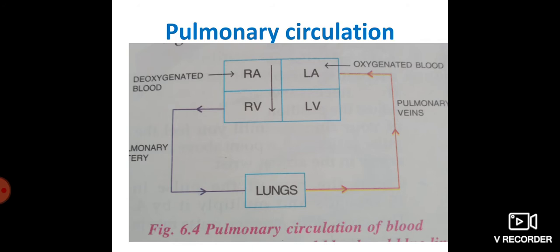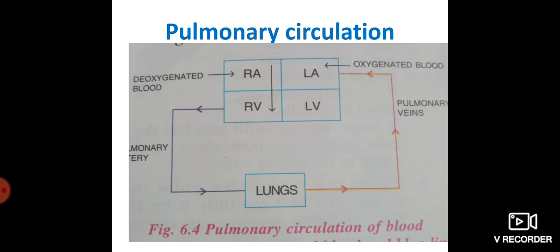Okay, clear? Listen once more. Blood circulation is of two types: pulmonary circulation and systemic circulation. In pulmonary circulation, the blood is transported between the heart and lungs. First, the deoxygenated blood from different body parts, the upper part and lower part, is carried by the superior vena cava and inferior vena cava, and it opens into the right auricle.